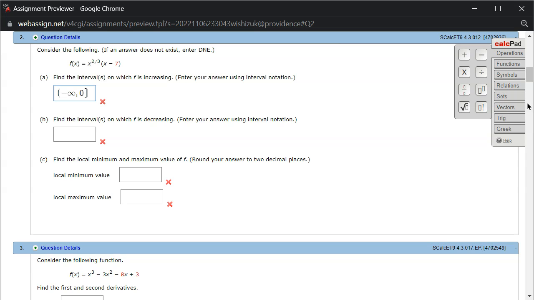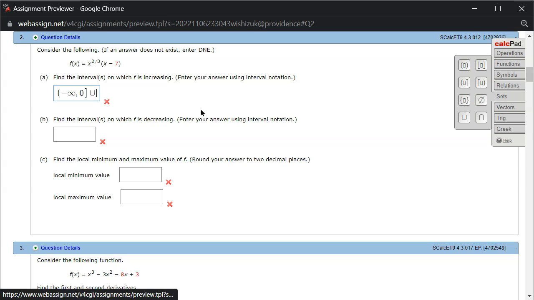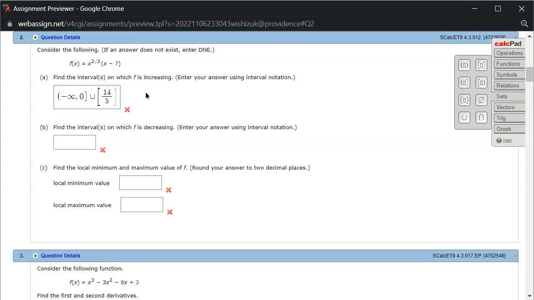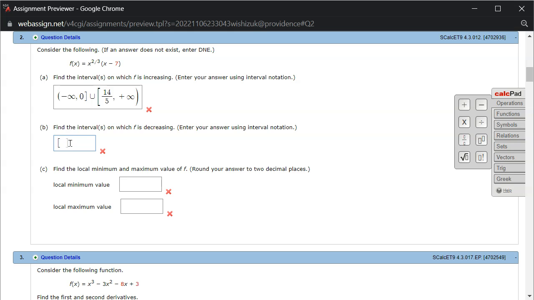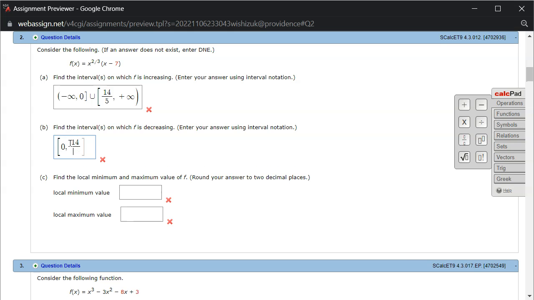And then we have a union with 14 over 5 to positive infinity, so that's increasing there. And between 0 and 14 over 5 it is decreasing. So we have that. All right, let's check the answer.